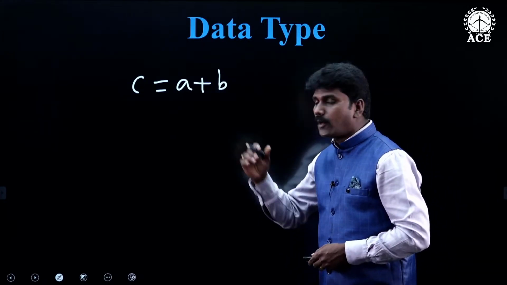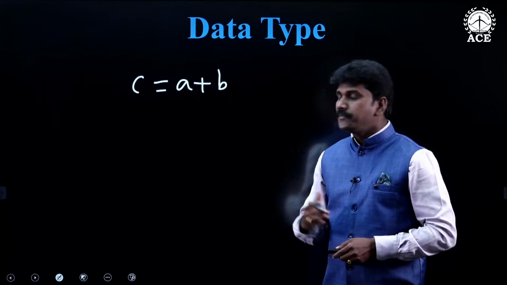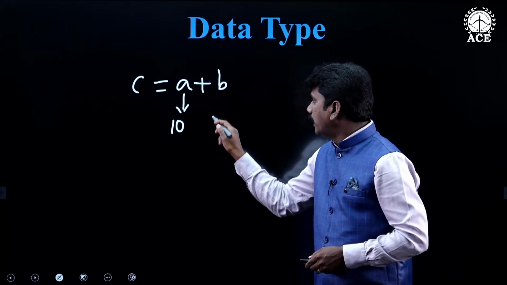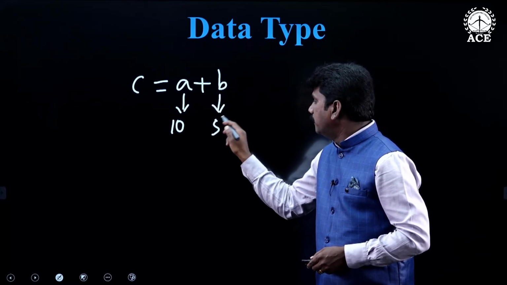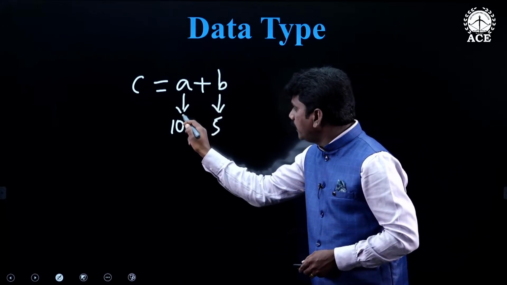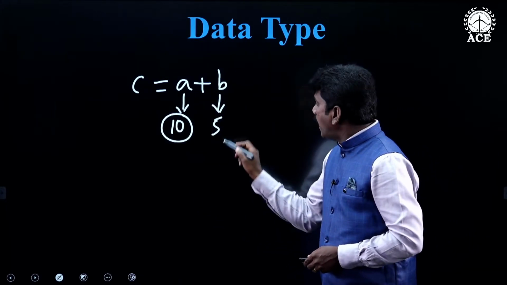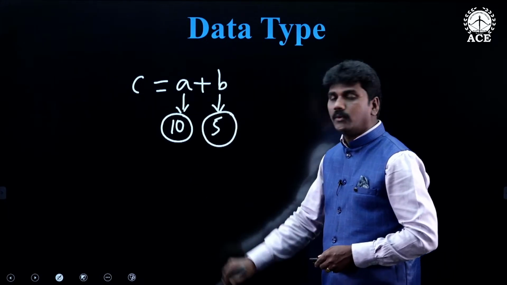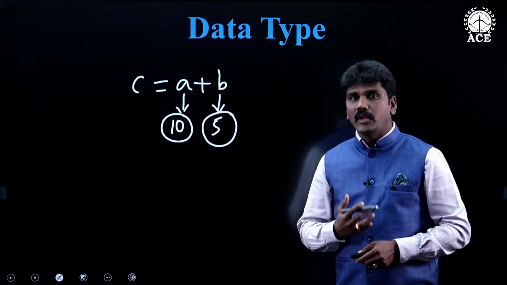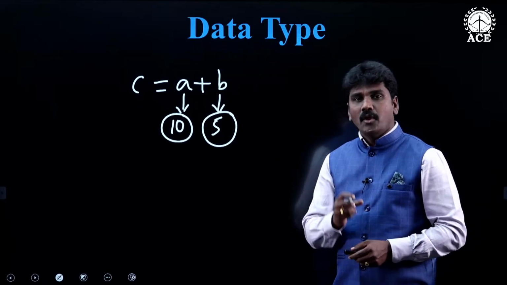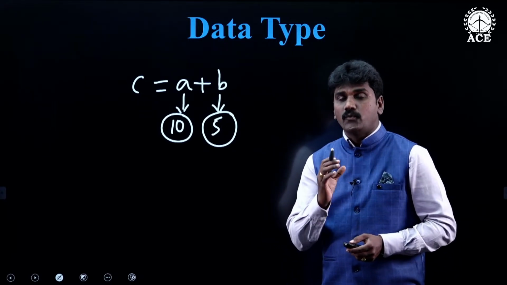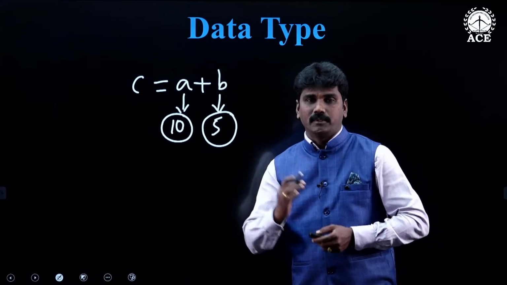Suppose I have provided the value 10 to A and 5 to B. In this case, what is going to happen? A contains an integer type value and B also contains an integer type value. Means by seeing this statement, we can understand that for any statement, if it contains some variables, those variables should contain some type.